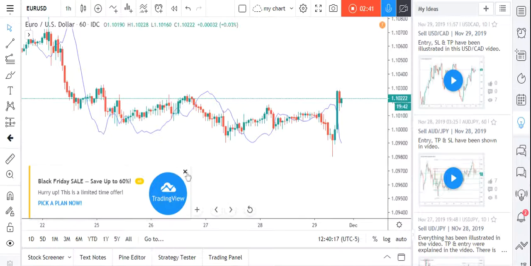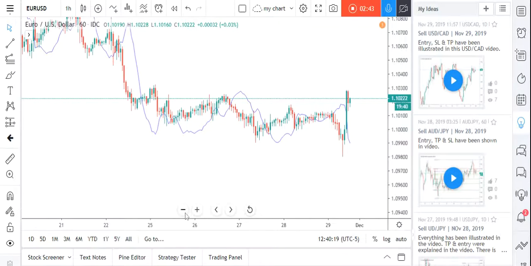Let me contract the chart a little to show you where I am going. This entry idea is very similar to my previous analysis, but the levels have changed since there is a new low slightly below the previous low.